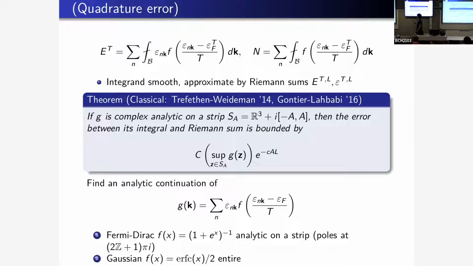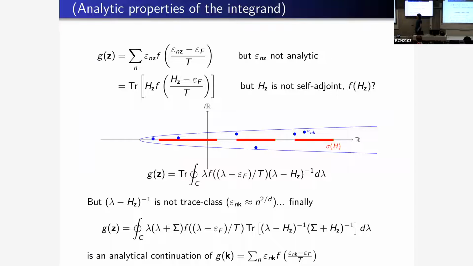Okay. Now there's a difference here between the Fermi-Dirac function, which is analytic and has poles. We've seen that before at the start of the talk, and the Gaussian function, which is entire. It doesn't have any pole anywhere in the complex plane. And therefore, you will get different results.